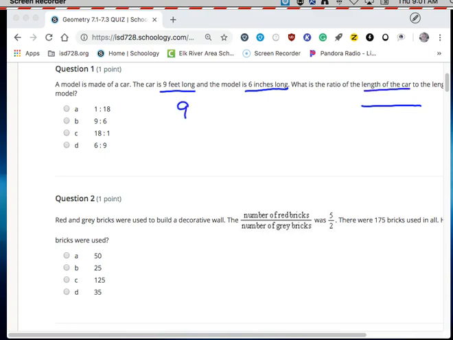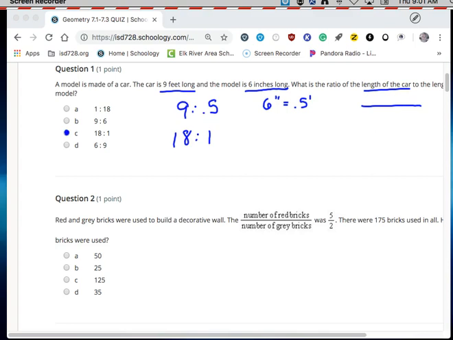So car is first, model is second. And 0.5, because 6 inches is equal to 0.5 of a foot. Okay, so I've got that going on, but my ratio needs to be in whole numbers. So I just double both sides and I have 18:1. So my selection for C is the answer.